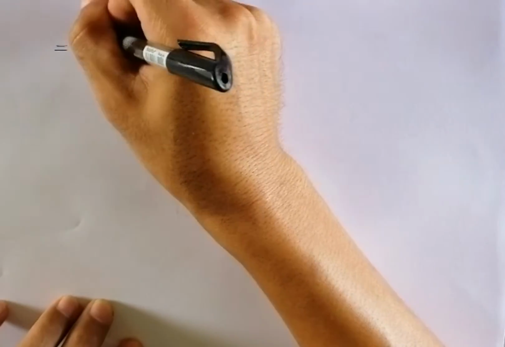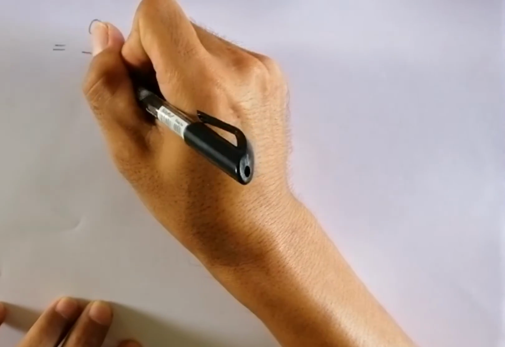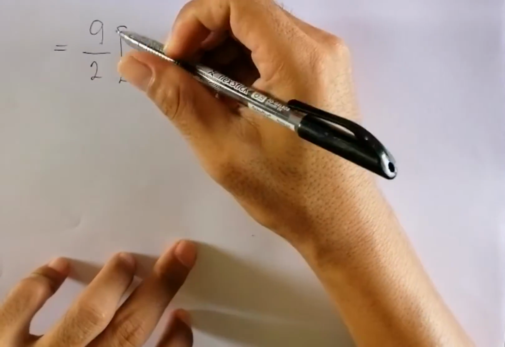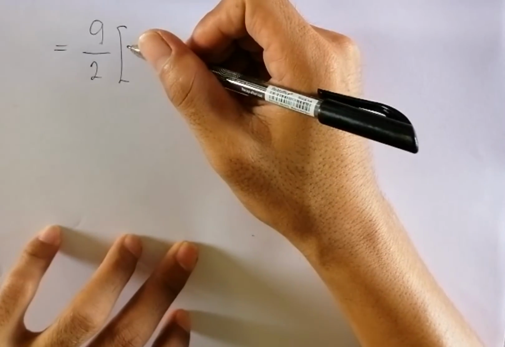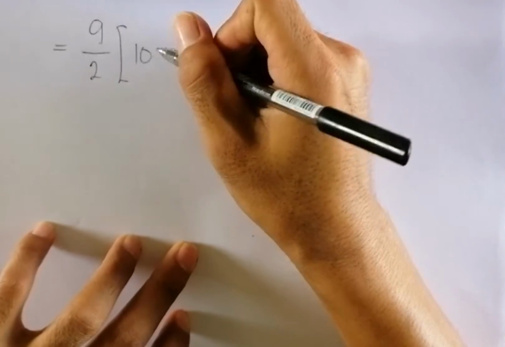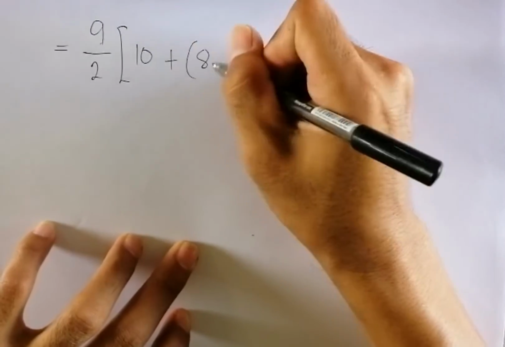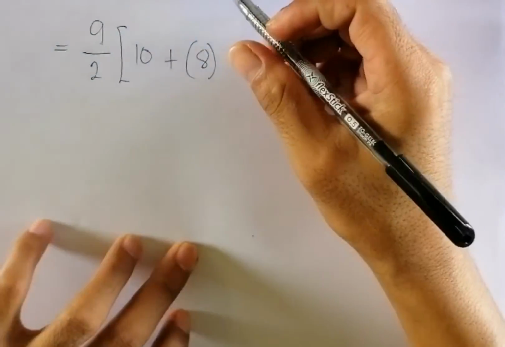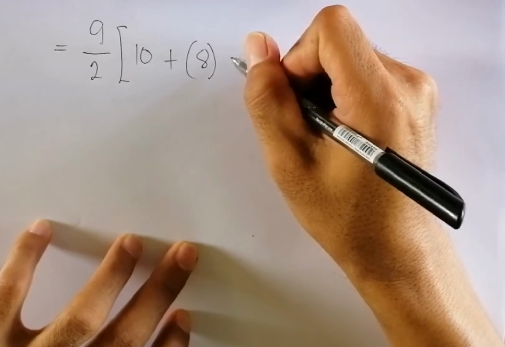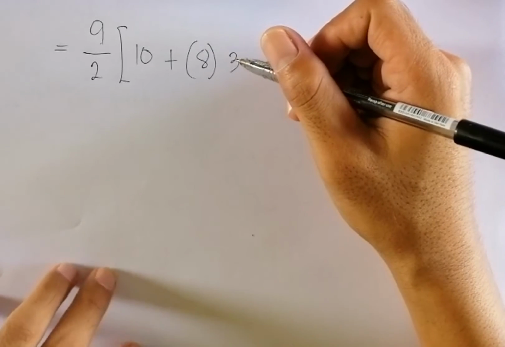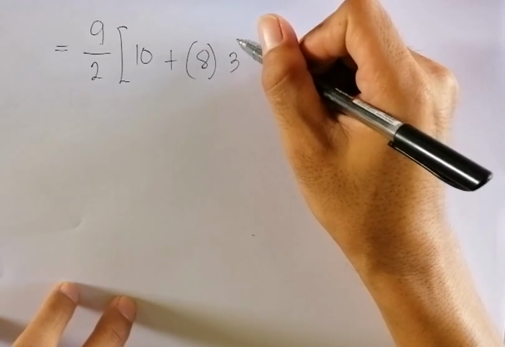Then to simplify, that is 9 over 2 times, 2 times 5 is equal to 10, plus 9 minus 1 is equal to 8 times common difference 3, then close bracket.